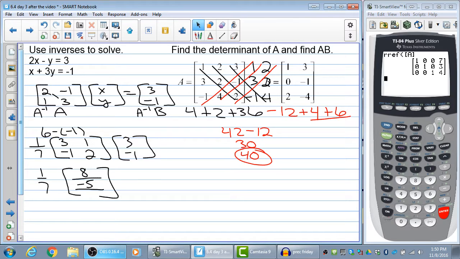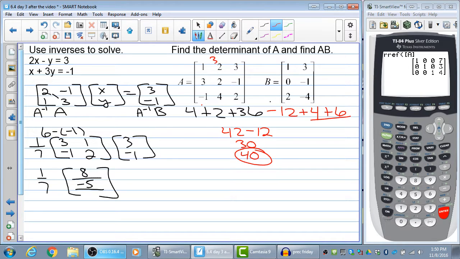Well, now I kind of made a mess because I'm asked to multiply these two together. So I'll erase that so I can see the numbers. A 3 by 3 times a 3 by 2. So we're going to end up with a 3 by 2. 3 rows, 2 columns. And we're going to go across and down.